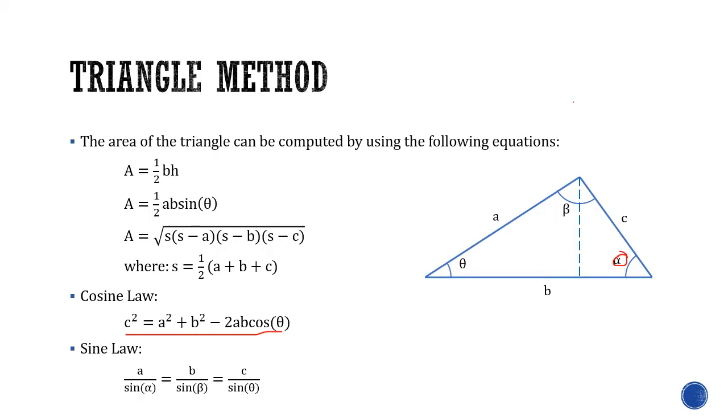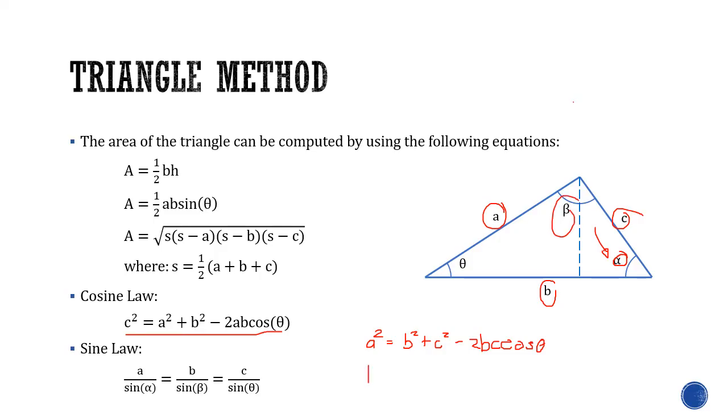Gagamitin mo yung opposite side: a squared, opposite nung angle, ay equal to b squared plus c squared minus 2 times the sides that are adjacent to the angle, BC cosine alpha.